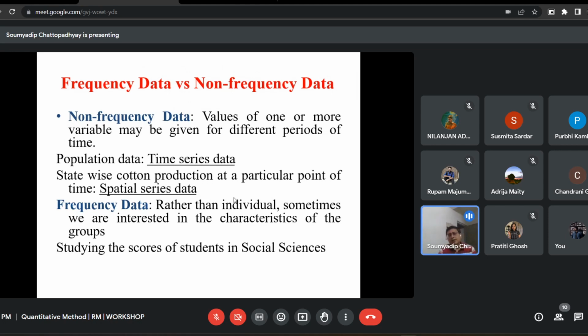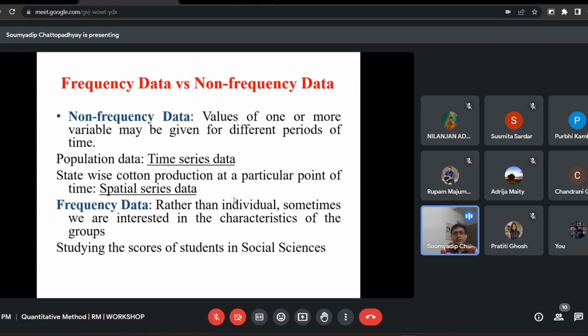Non-frequency data is basically the values of one or more variables which may be given for different periods of time. For example, if you consider the population data which we generally get from the census, it is done every 10 years. So if you consider West Bengal, you have the data on West Bengal from 1901, every 10 years, up to 2011. So that is basically a kind of non-frequency data.